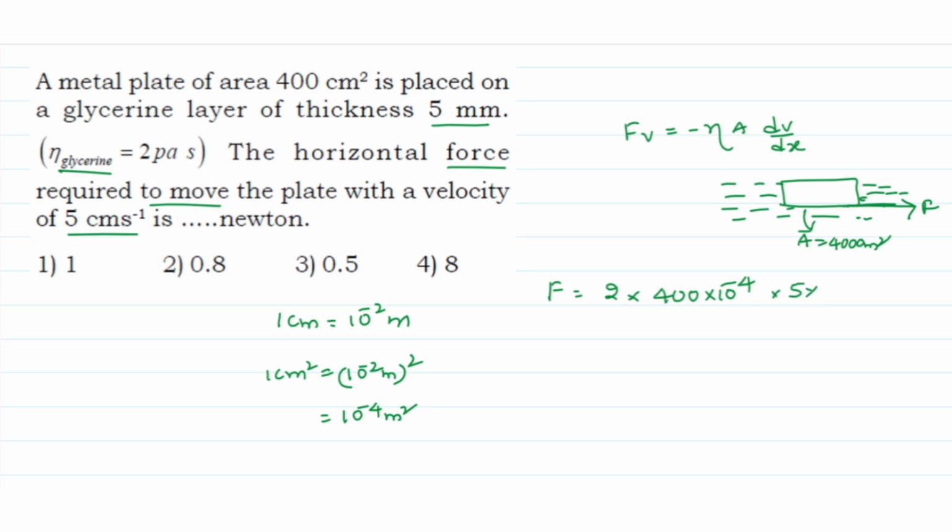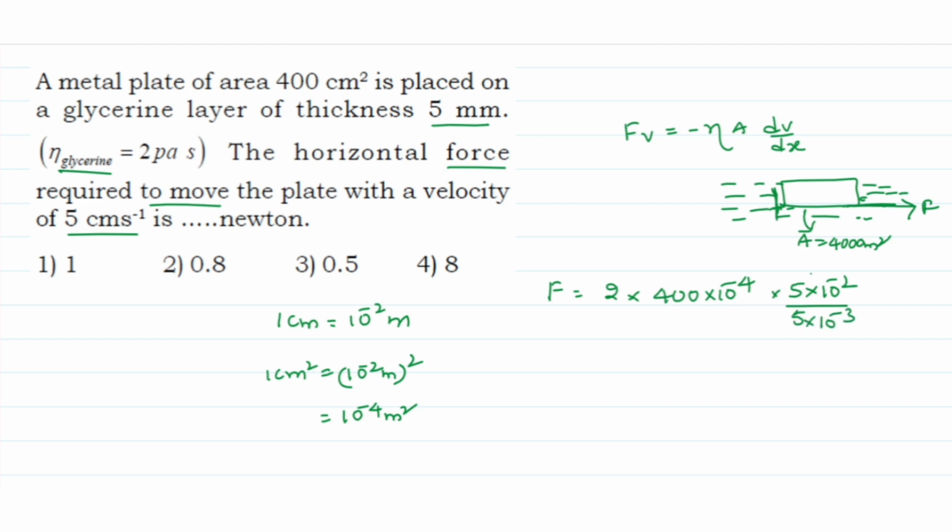The velocity is given as 5 centimeter per second, you need to convert it: 5 into 10 power minus 2. The thickness of the glycerin layer is given as 5 millimeter, that you have to put instead of dx: 5 into 10 power minus 3.